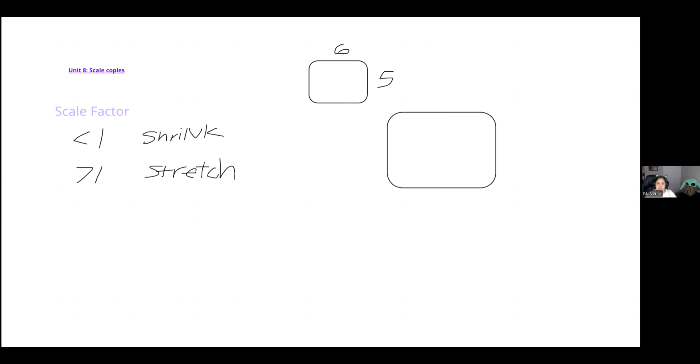And so let's say my scale factor is 2. I'm going to multiply 5 times 2 and get 10, 6 times 2 and get 12. So this has a scale factor of 2. It went from 5 to 10. It got bigger. Let's say I'm going backwards from big to small. Then it would be 1/2. It's less than 1, right? It got smaller. So that's how you would find your scale factor.